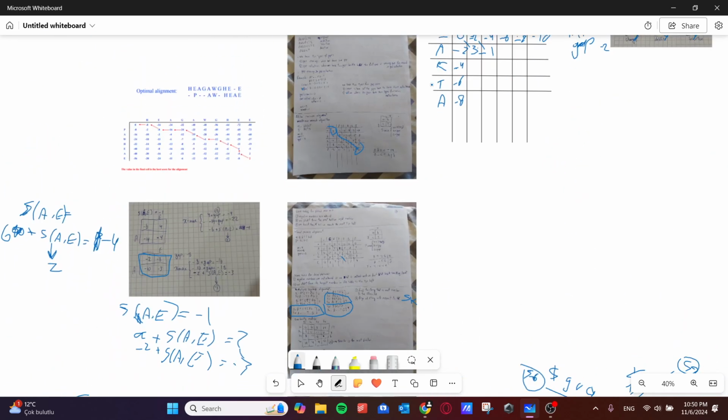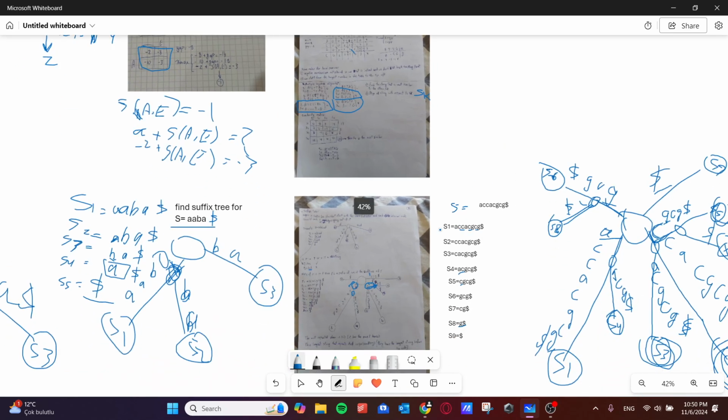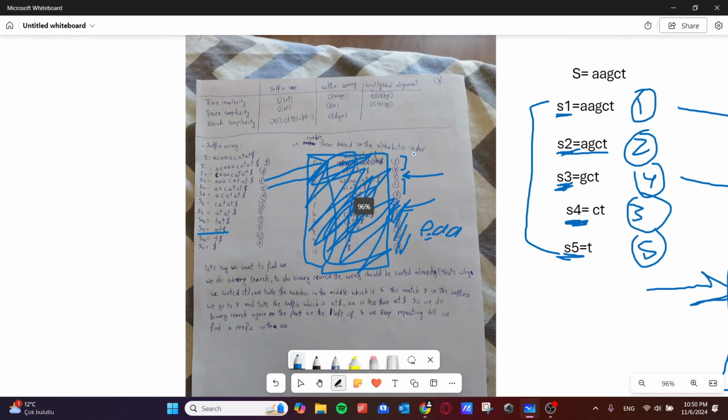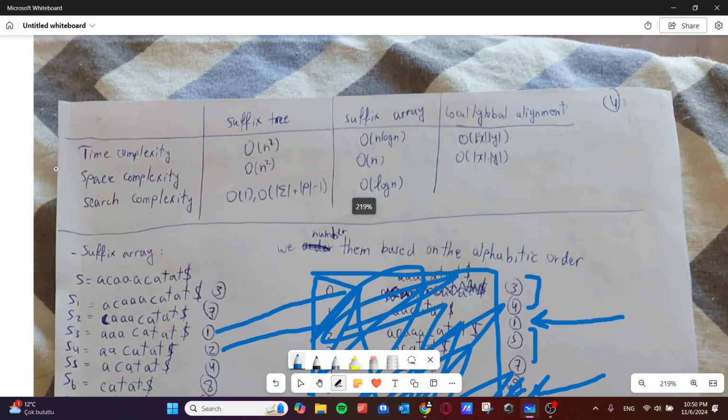You can find it in the table. So, what is the time complexity for suffix tree? What is the space complexity, search complexity? We can put this or this. By the way, I prefer this because he was repeating it too much. But if he asked about this, it's also possible. For suffix array, we have n log n, we have O(n), and we have O(log n).